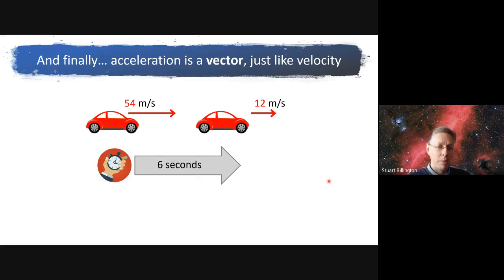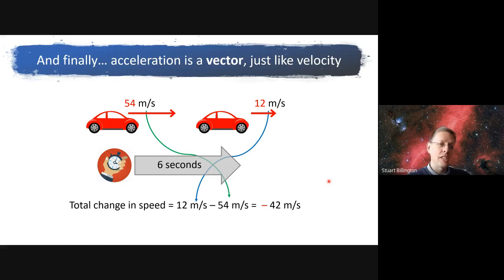Now, that needs some thinking about maybe for a second. So this car that's on the screen in front of you, that's traveling at 54 meters per second, and then 6 seconds later is traveling at 12 meters per second. In everyday language, you would say the car was decelerating. But in physics, you would say the car is accelerating. It's just that the acceleration is going to have a minus sign in it, because 12 take away 54 is minus 42.